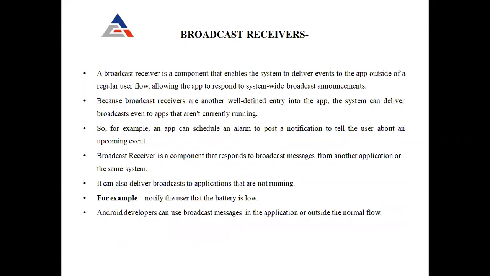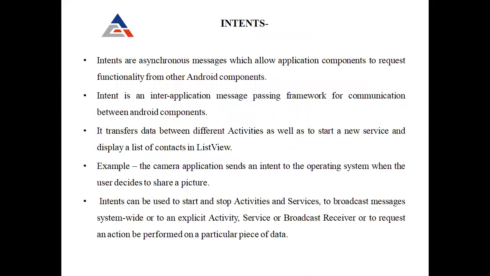And broadcast receivers enable the system to deliver an event or a message to the application, such as an alarm that your event is going to start or going to finish, whatever it is. So these are some of the components of an Android application.